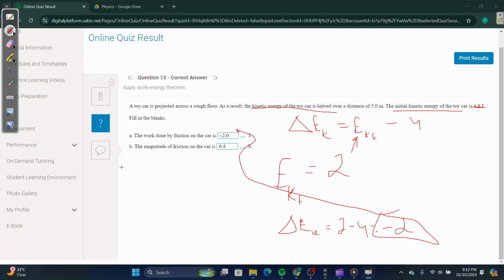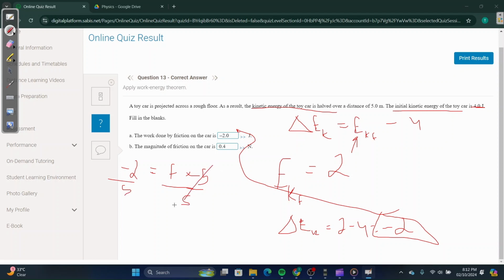Now the magnitude of friction. Work is force times distance times cosine theta, but since we already have the work as negative, cosine theta was already applied. So it's force times distance. The force is not given, so we label it F, times 5, because the distance is 5 meters. To keep F, we divide by 5.